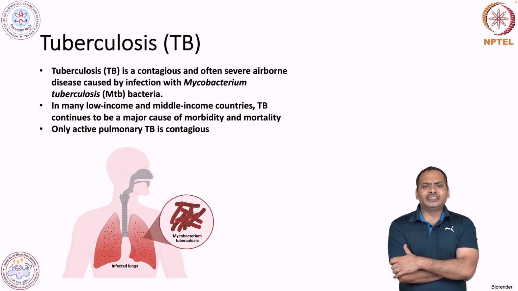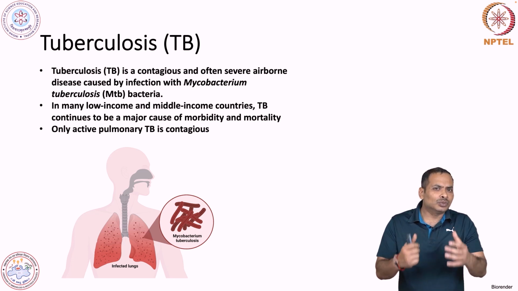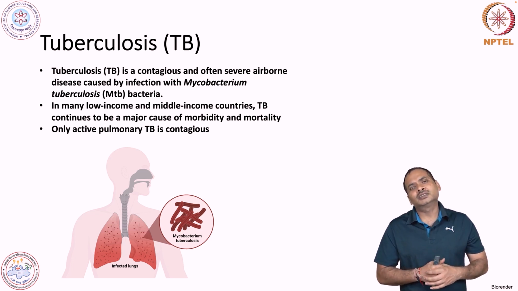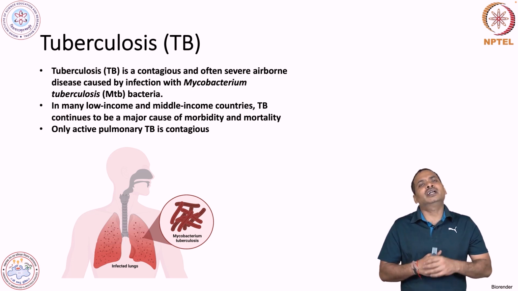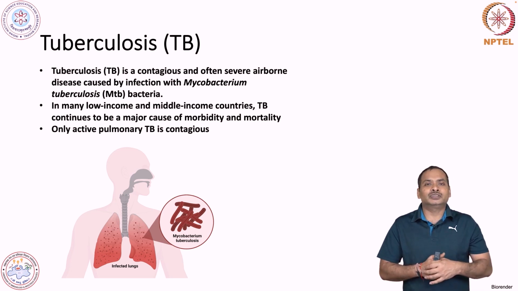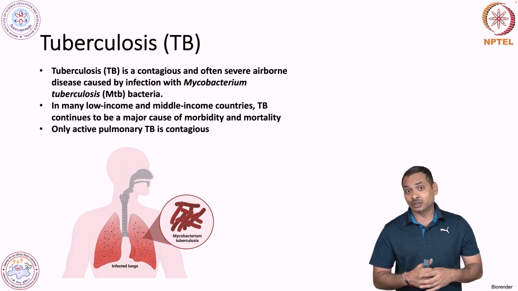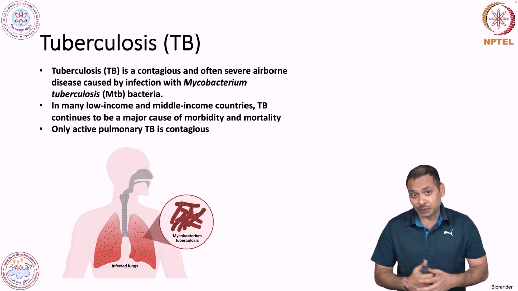So only active pulmonary tuberculosis is contagious. Here I just want to say that most Mycobacterium tuberculosis infect the lungs, and we call it pulmonary tuberculosis. There is another category which we call extrapulmonary tuberculosis.